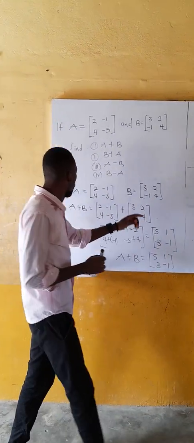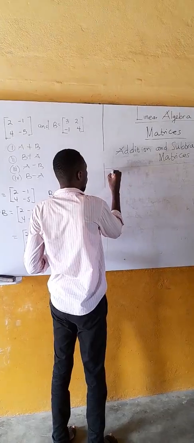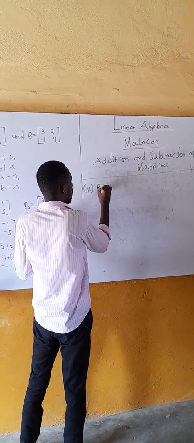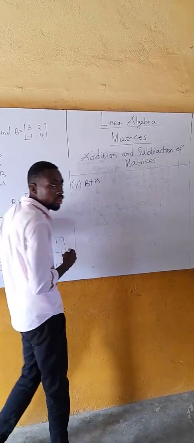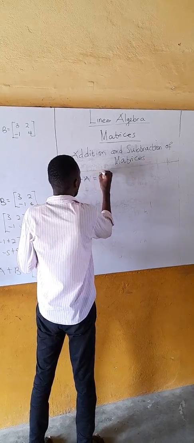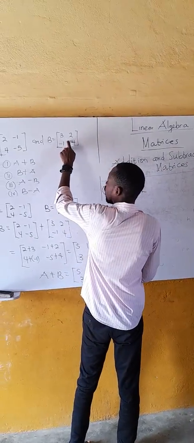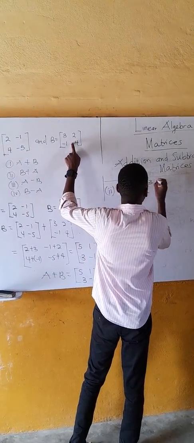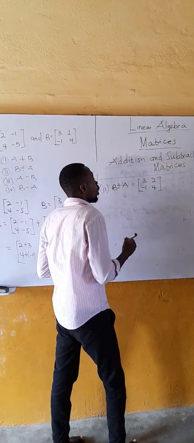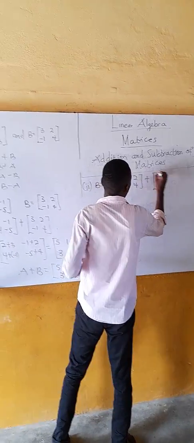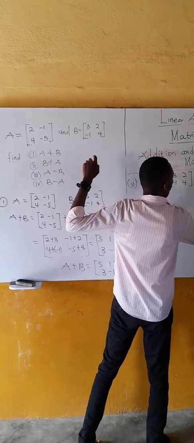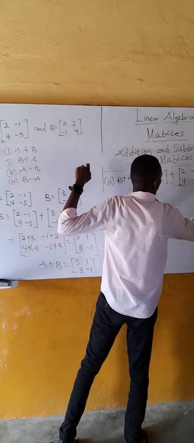Now let's do the rest. The second one, that's B plus A. So let's see. What's our B? Our B is 3, 2, minus 1, 4. What's our A? Our A is 2, minus 1, 4, minus 5.